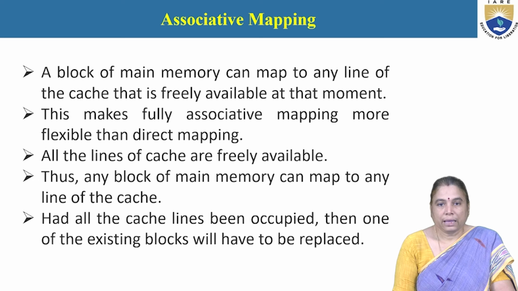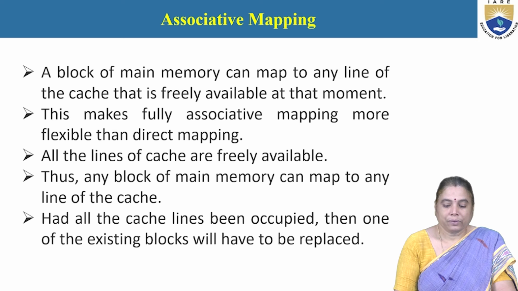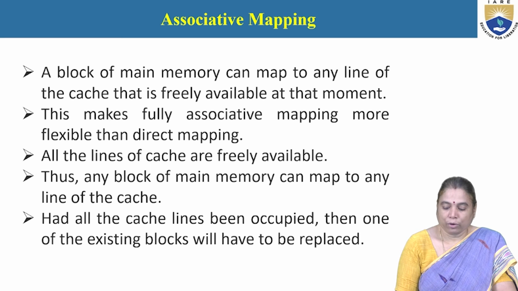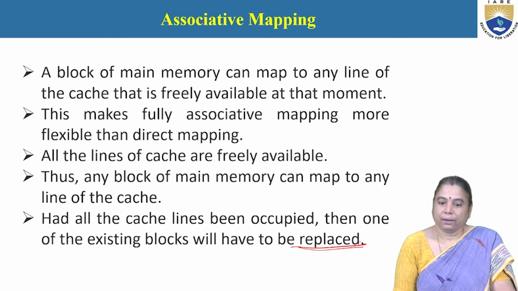This makes fully associative mapping more flexible than direct mapping. All lines of the cache are freely available, thus any block of main memory can map to any line of the cache. Had all the cache lines been occupied, then one of the existing blocks would have to be replaced using replacement algorithms.